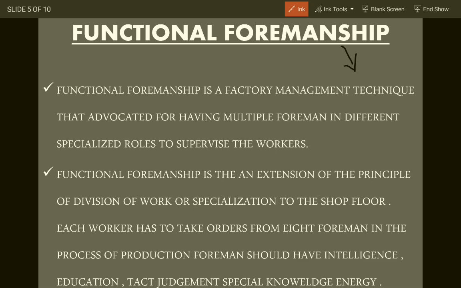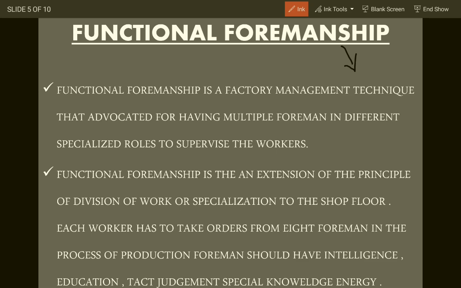They should be specialized and possess the qualification, knowledge, and skills regarding the job they are going to perform in the factory. Like in the previous video, where we focused on the principle of replacement of rule of thumb, the worker should be selected scientifically using scientific methods. Here also he said that the foremen should possess the knowledge, skills, and experience regarding the job they're going to perform.